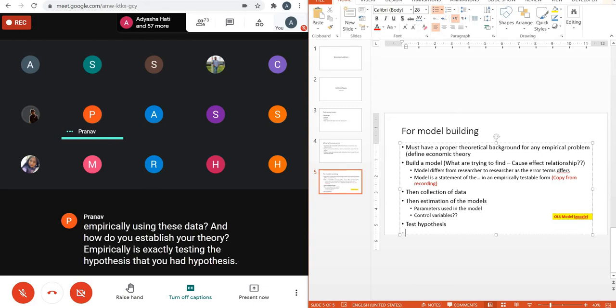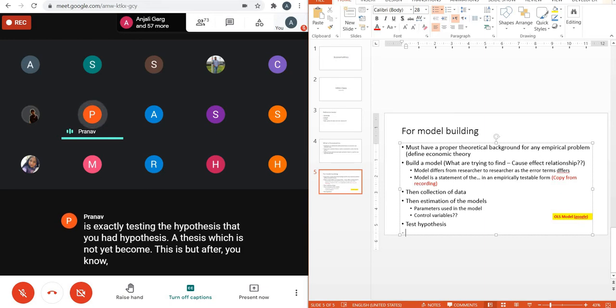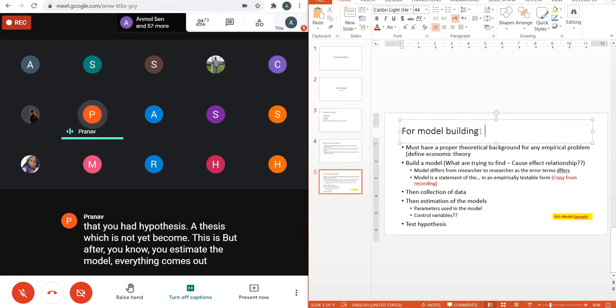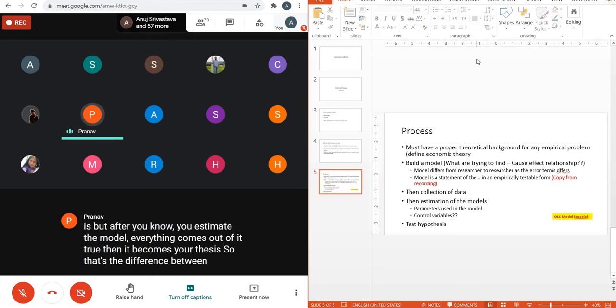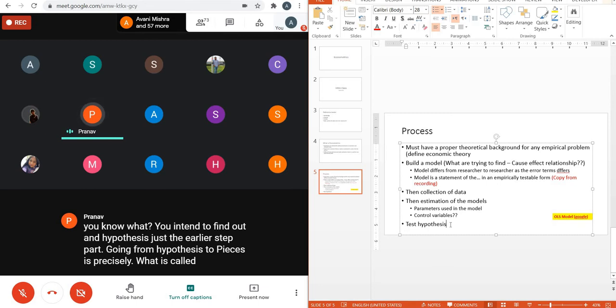A hypothesis is a thesis which has not yet become a thesis, but after you estimate the model and everything comes out to be true, then it becomes your thesis. So that's the difference between hypothesis and thesis. That thesis is precisely what you intend to find out, and hypothesis is just the earlier step. So going from hypothesis to thesis is precisely what is called the hypothesis testing part.